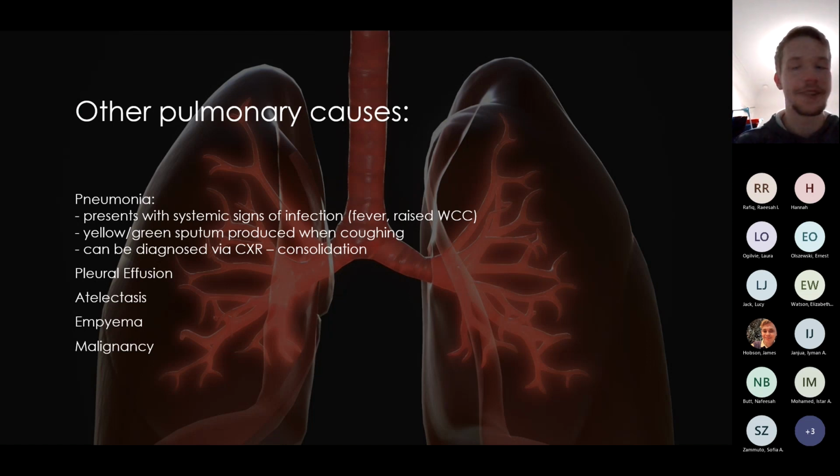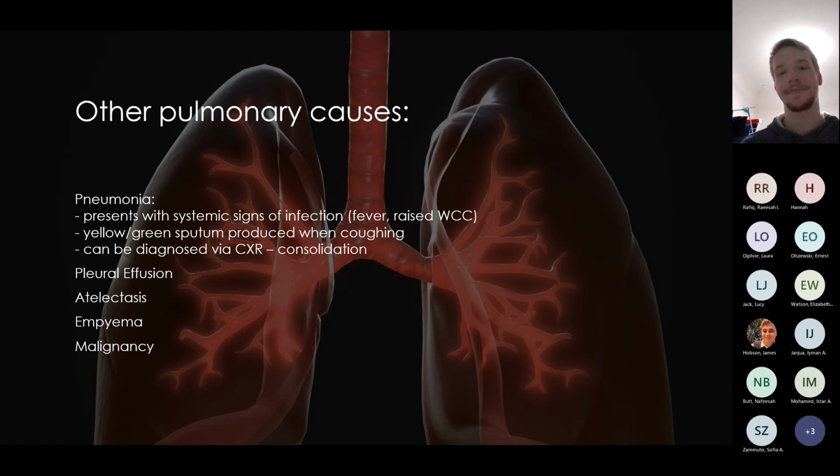So other pulmonary causes of a sharp chest pain. Any ideas? Costochondritis, malignancy, pneumonia.